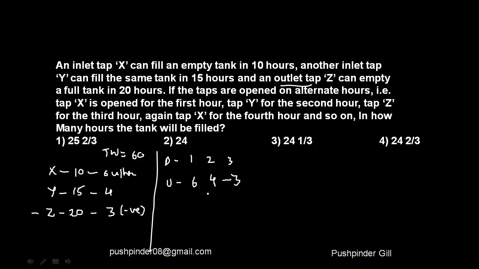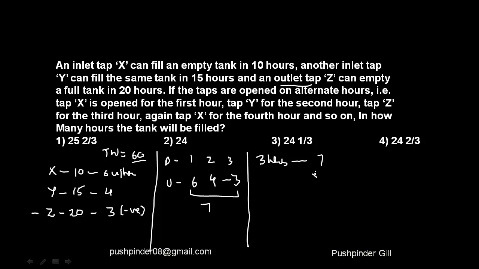So that means in a span of 3 hours, 7 units are filled, right? So this is what is happening. X is opened for the first hour, Y for the second, and Z for the third. So every 3 hours, he fills in how much? 7 units.